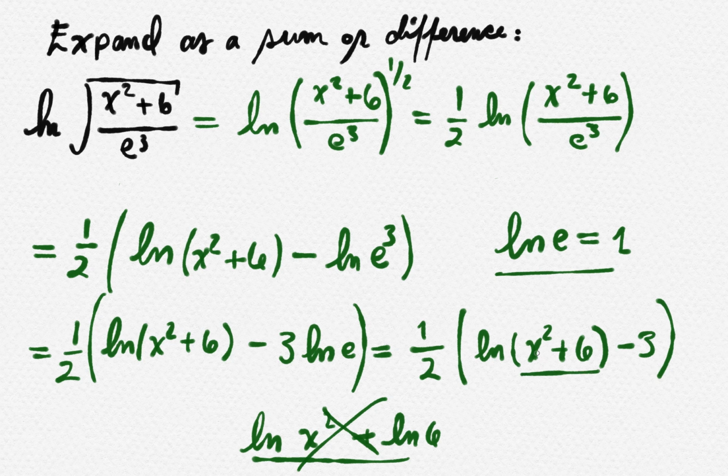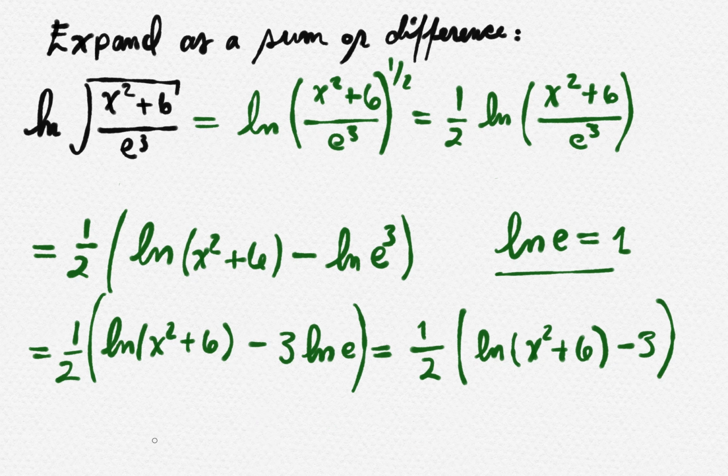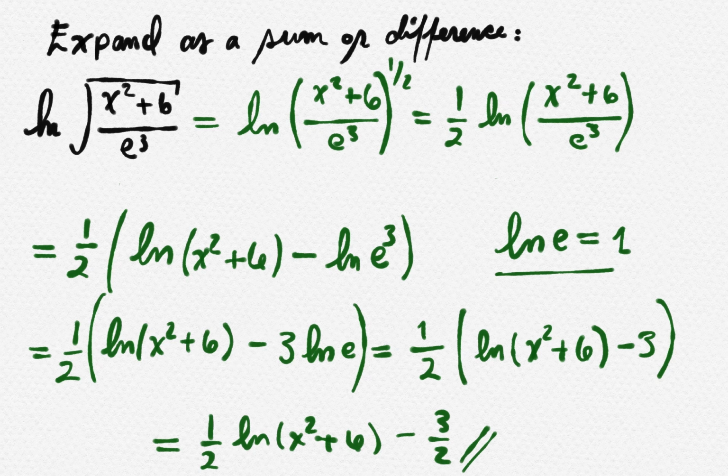The way it goes is product goes into a sum of logarithms, but we don't have any way of dealing with this thing right here. So that logarithm is already in its simplest form, and we get 1/2 as the logarithm of x squared plus 6 minus 3/2. And we're done.